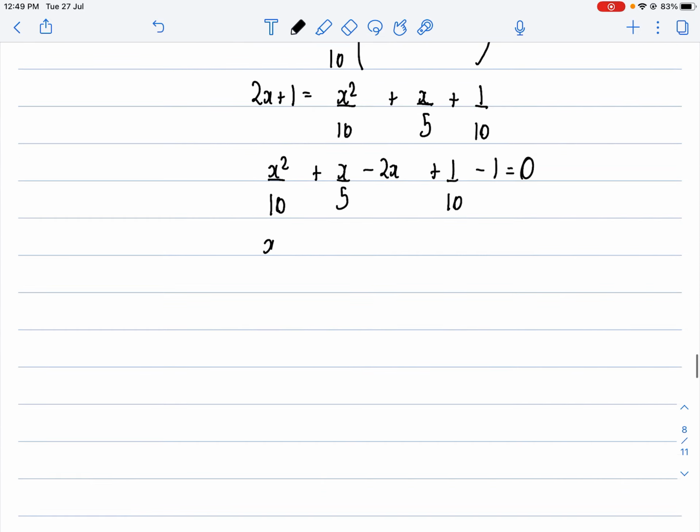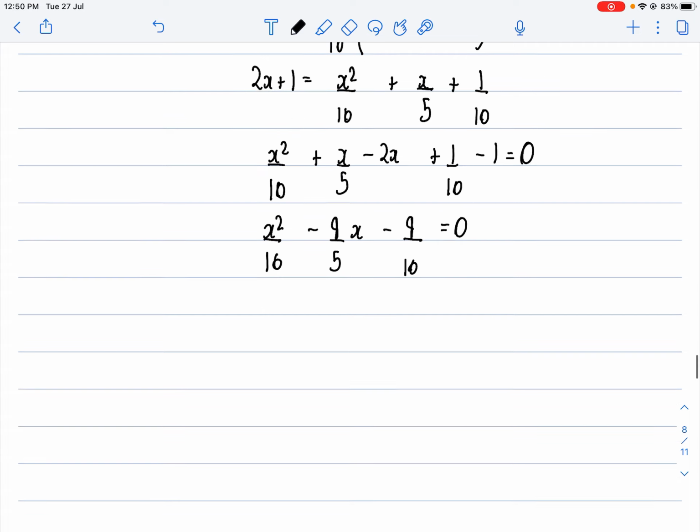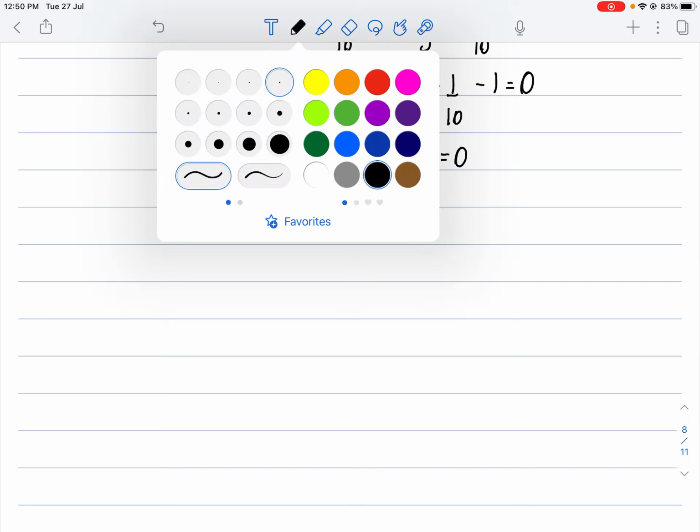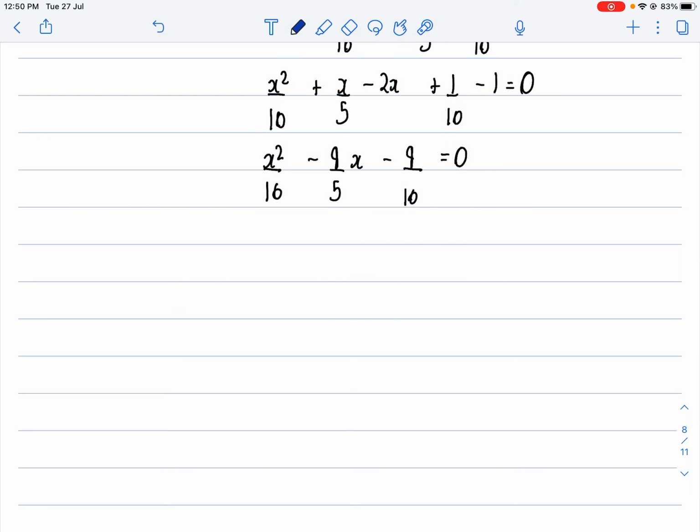So I can write this as x square over 10. Okay, I can do 1 over 5 minus 2, which basically gives me minus 9 over 5 x, and I can do 1 over 10 minus 1, which is basically minus 9 over 10, which is equal to 0. Correct? So what I can simply do is, as you can see, this is a quadratic, so I can solve this on the calc.